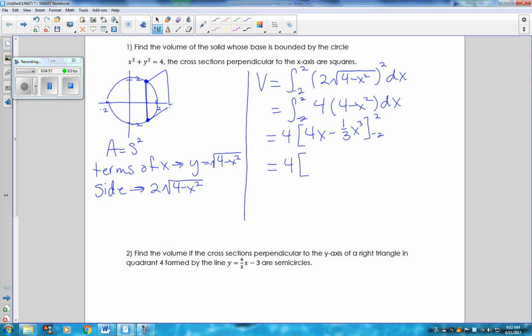So we're going to substitute your upper bound, which is 2. 4 times 2 minus 1/3 times 2 cubed, minus, now the lower bound, 4 times negative 2 minus 1/3 times negative 2 cubed. Let's see, that's going to give us 8 minus 8/3.